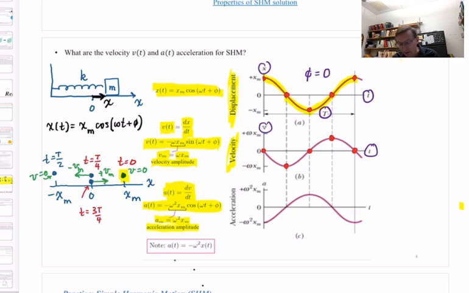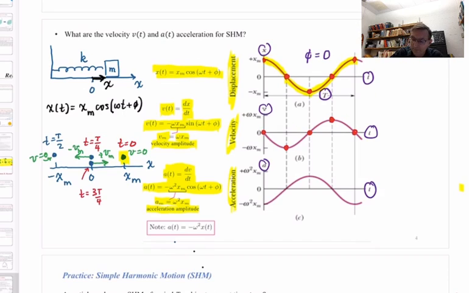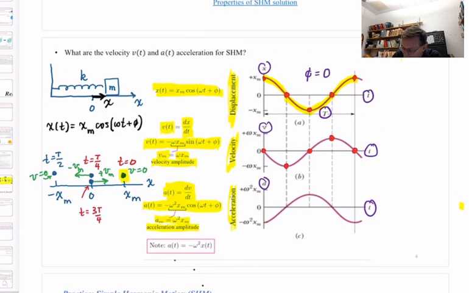And what does the graph look like for the acceleration? Well, that's this last plot, where we've got acceleration plotted on the vertical axis and time on the horizontal. And this one is a negative cosine curve. Right here, it's a negative cosine. It's exactly the negative of the displacement curve up above.